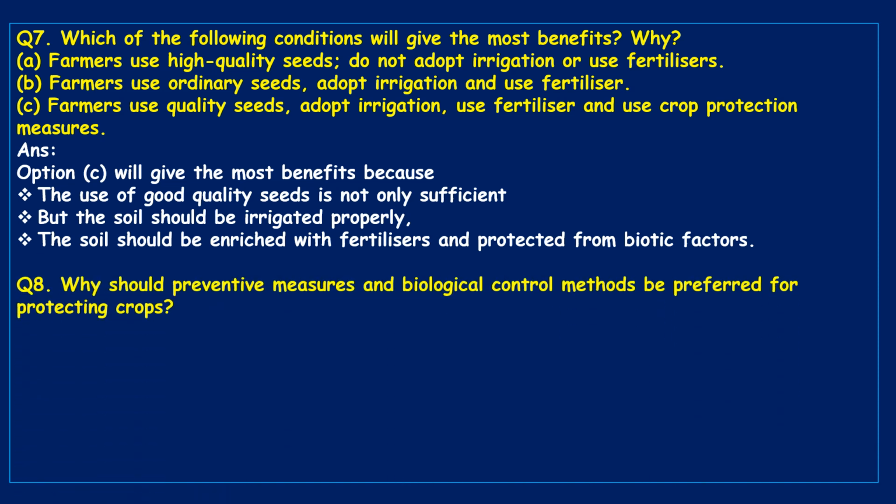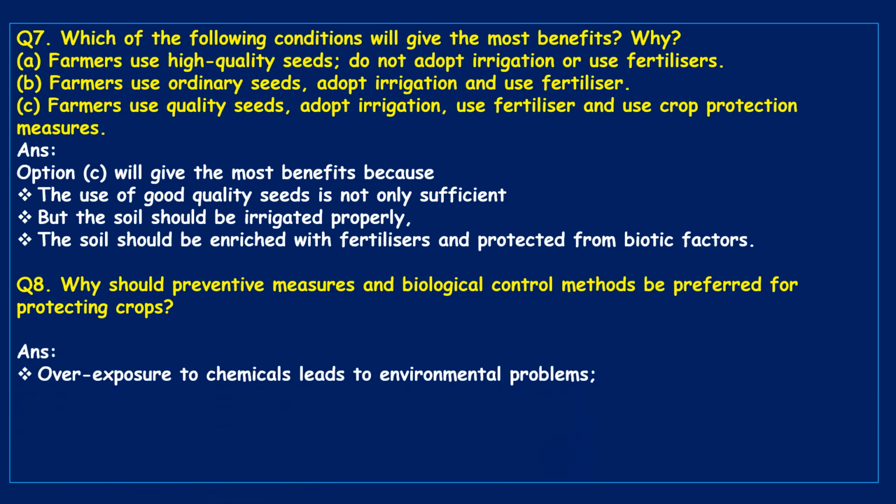Next question. Why should preventive measures and biological control methods be preferred for protecting crops? Answer. Overexposure to chemicals leads to environmental problems. Water bodies will become polluted, and aquatic plants and animals die.